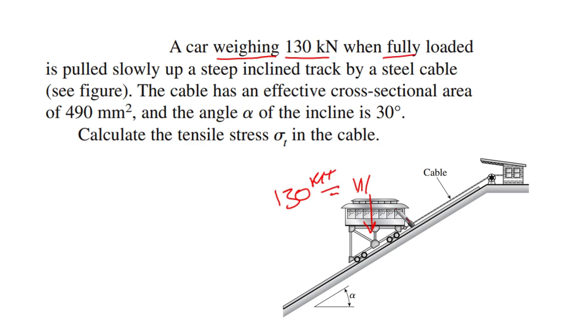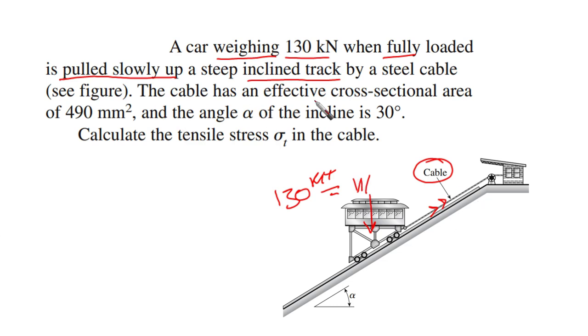It is fully loaded, the maximum load inside, including the people inside it, is pulled slowly up a steep inclined track. So it is being pulled by a cable, as you can see here, upward, up a steep inclined track, by a steel cable.